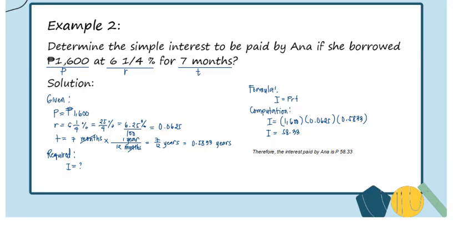So, napakaliit lamang nung interest ni Ana. Kasi nga, yung interest niya is just 0.0625 from borrowed money, which is 1,600, and that is just under 7 months. So, maliit kasi yung rate of interest. So, therefore, it's going to be just 58.33. So, that's another example under interest.